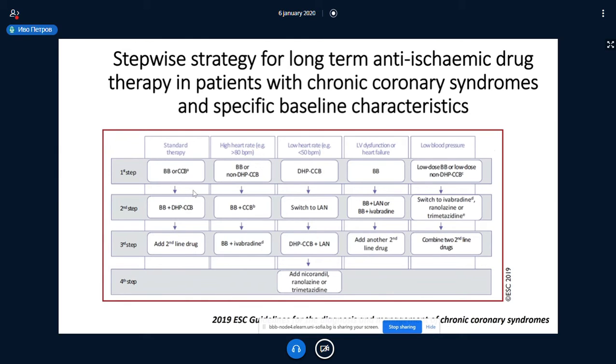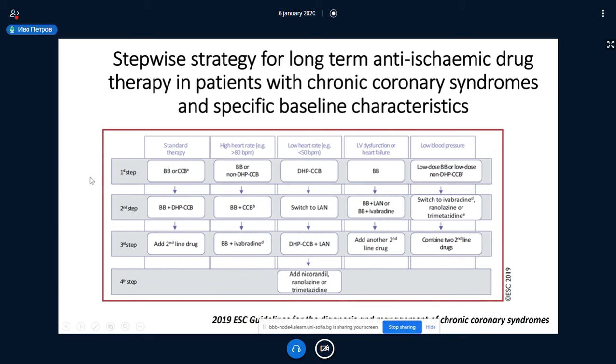Of course, there are different kinds of strategies to start. First, with the beta blockers, for example, in patients with myocardial infarction, to start probably with calcium channel blockers with dihydropyridine effect in patients that have already a very reduced heart rate. In this situation, we cannot start with beta blockers because we are going to reduce the heart rate even more.